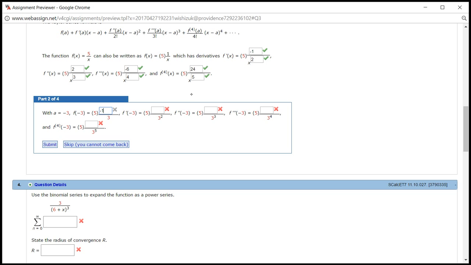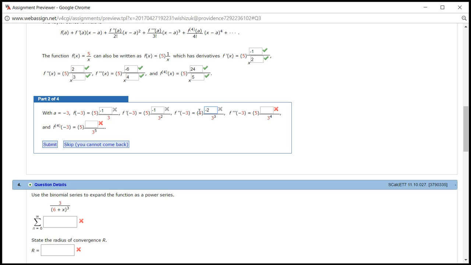If you plug in -3, then you have 3 squared, so the negative's gone. And then you still have -1 there on top, so we have -1. All right, the next one is 3 cubed, and this should be a negative sign there, because -3 cubed is going to be -27. And then you have a 2 on top, so it's a -2.